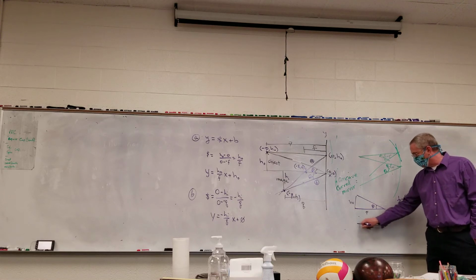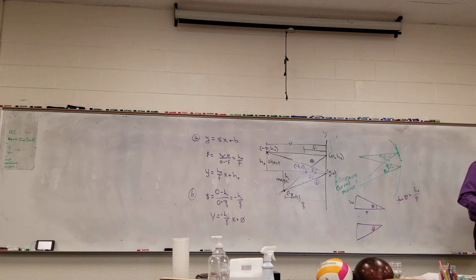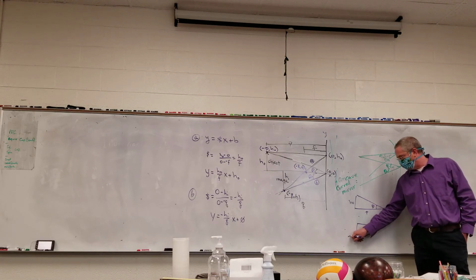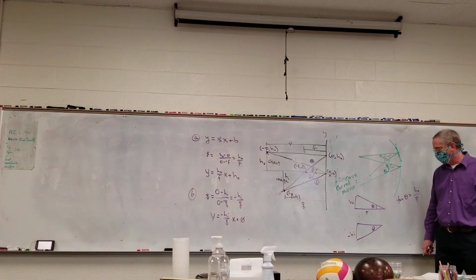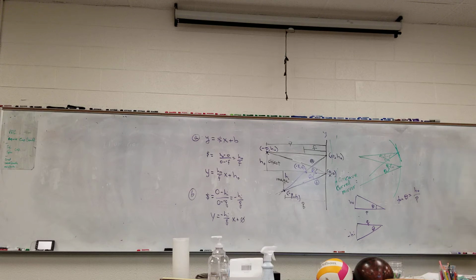If I look at the bottom triangle, since I'm dealing with actual distances here, this is negative h sub I, and this here is q. When I'm doing the trig, I need an actual length here. I'm not looking at a coordinate.